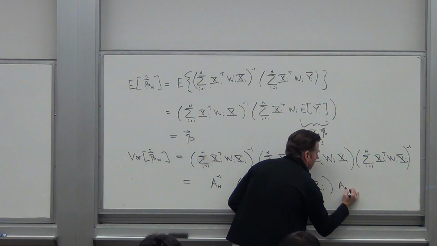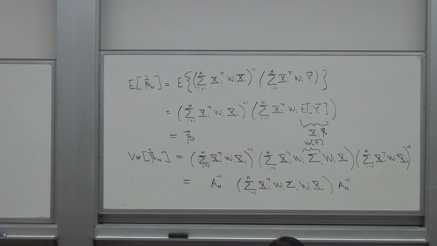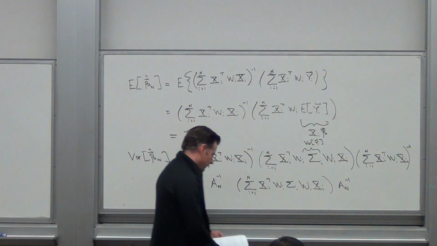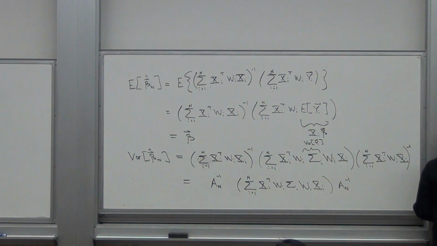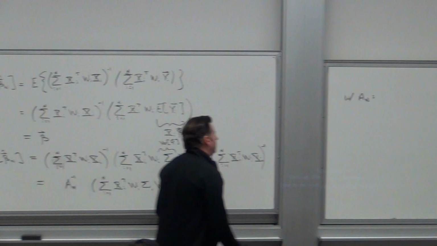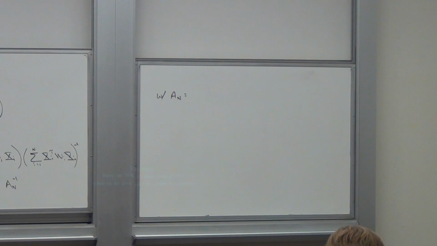And then finally, AN inverse on the right-hand side. Right? Comes back to what we've all been seeing all along. It's back to Huber-White. Now it's the multivariate version of what's going on in the linear case. Okay? So, in this case, AN would be the Fisher information truly if we had assumed what?